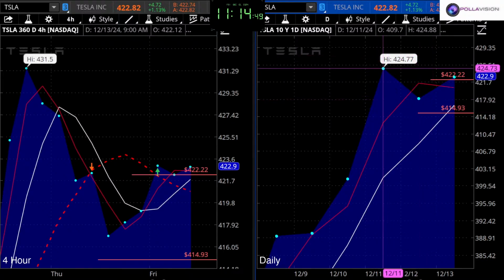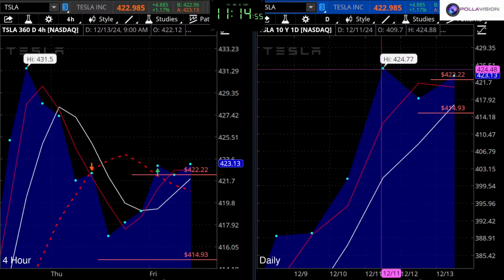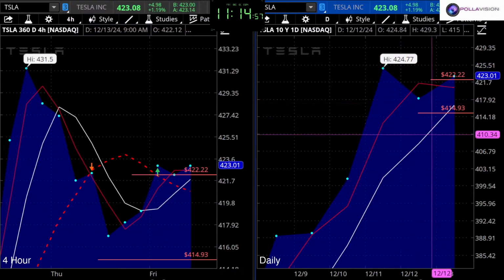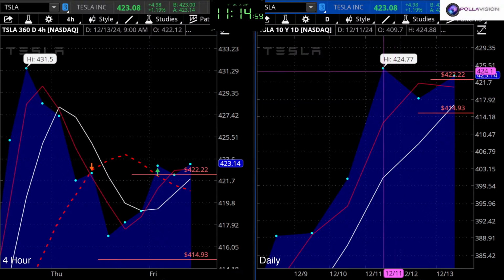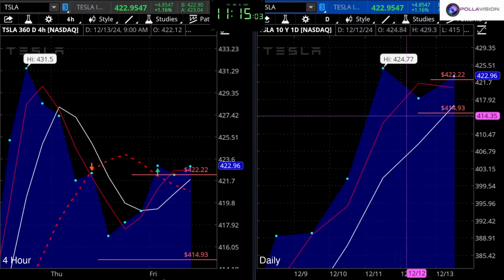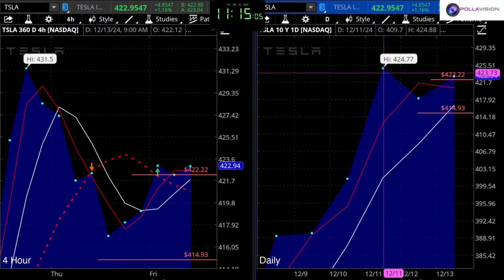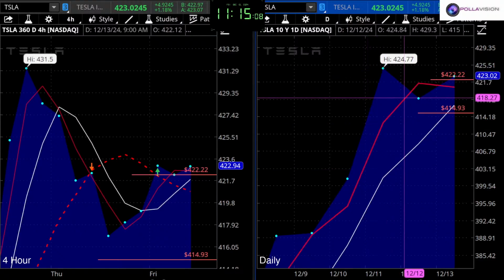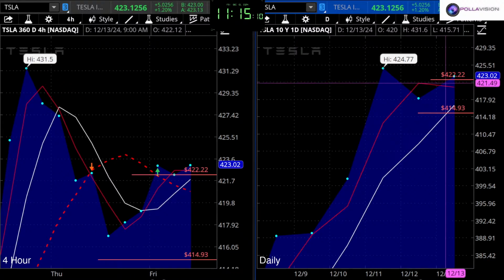So do we have a hard direction on the 4? No. What we do see here is this huge gap between the 4 simple moving average and this high out here. So this appears to be just a correction. Got too far away from the 4 and the 2. That's what a correction looks like.